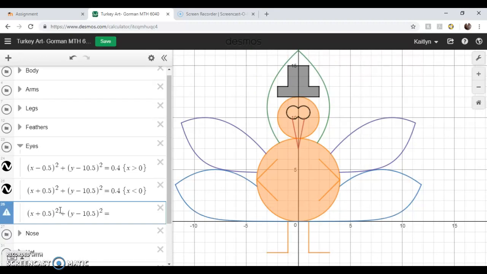And for this one, I'm not going to use the same radius. I'm going to make it r. And I also want them to be filled in. So I'm going to make the equation less than or equal to r.